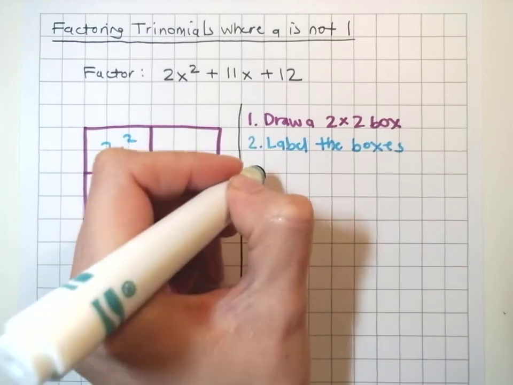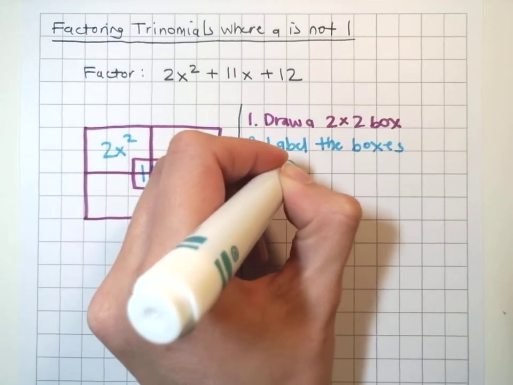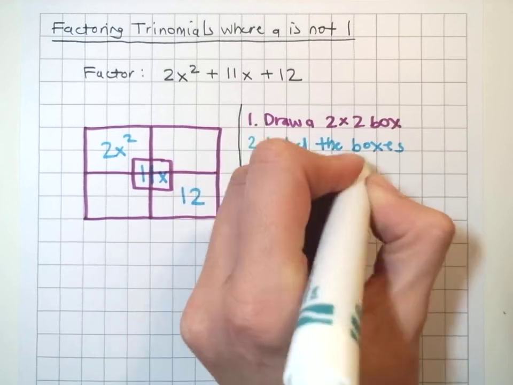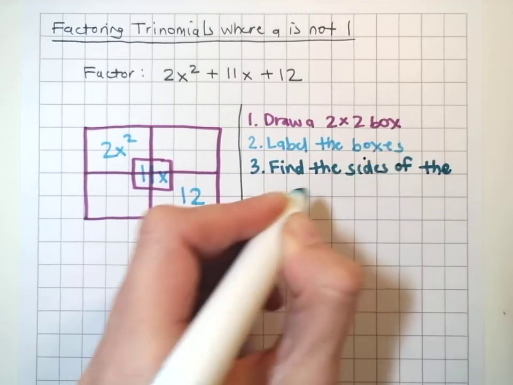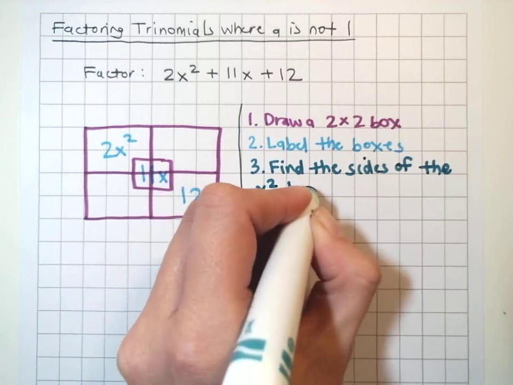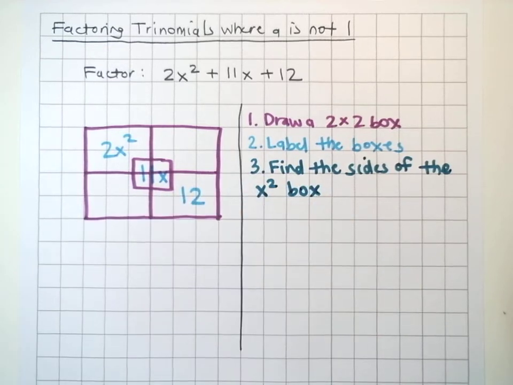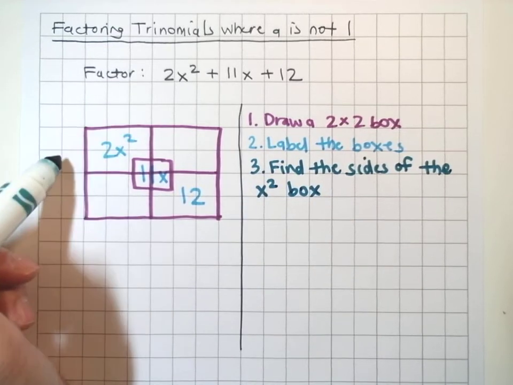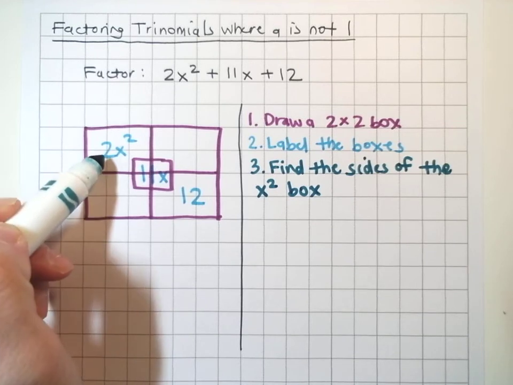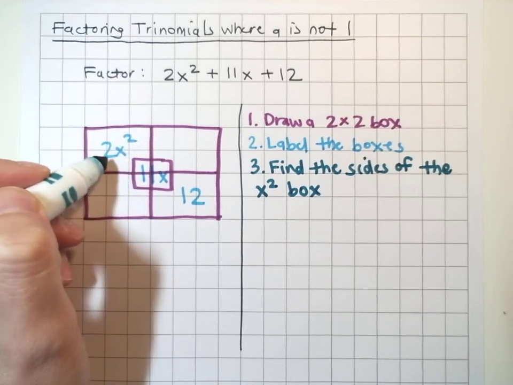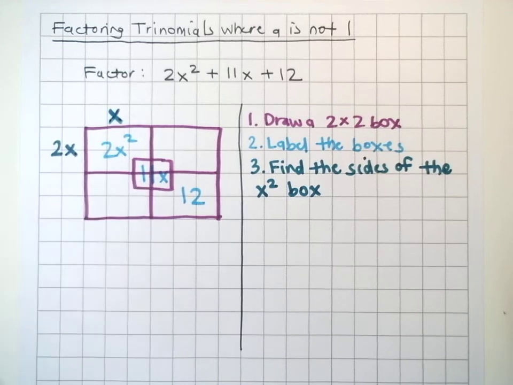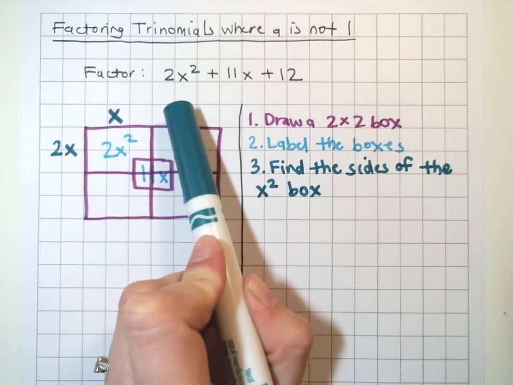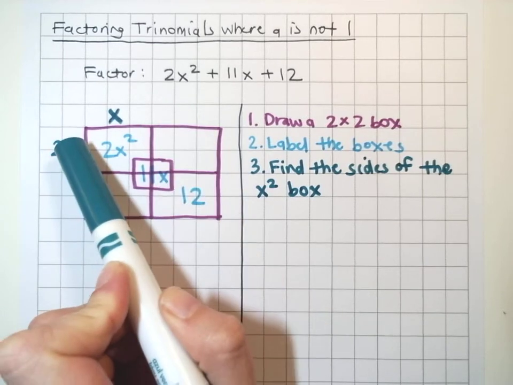Then we're going to find the sides of the x squared box. And this is why things get a little bit more complicated, because 2x squared, what multiplies to give us 2x squared? 2x and x. So whatever we put here is going to get multiplied by 2x.